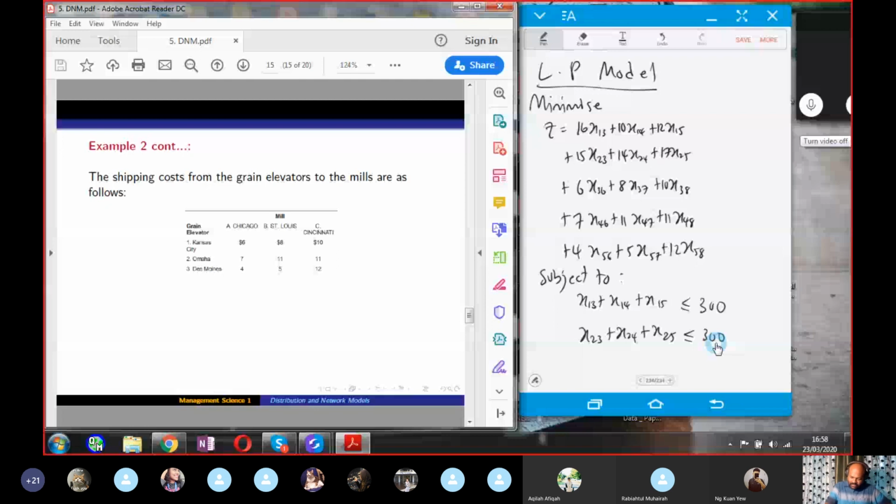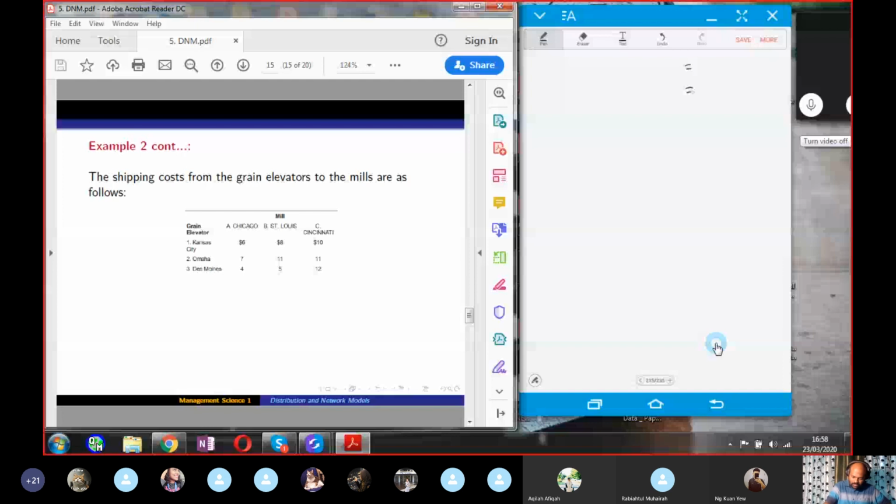Demand, customers, there are three. That would be 200, 100, and 300. So what are the quantities that go inside each customer? X36, X46, X56.